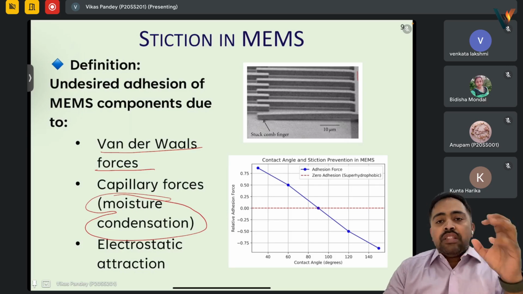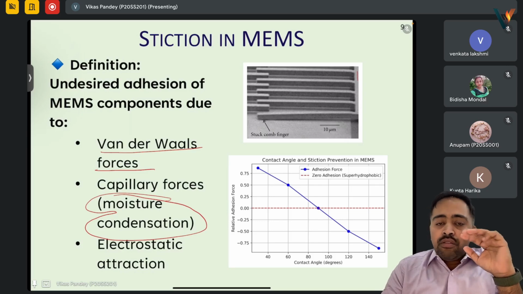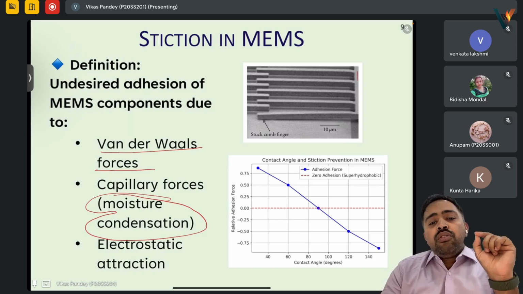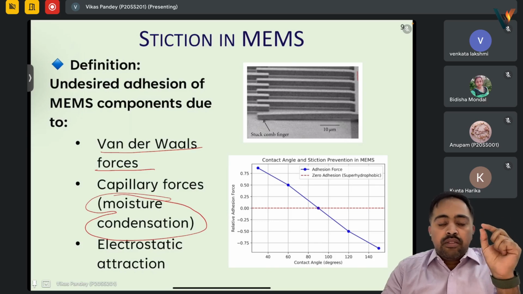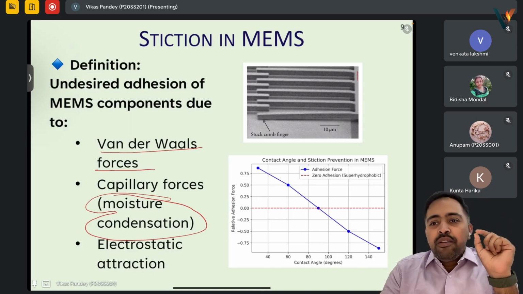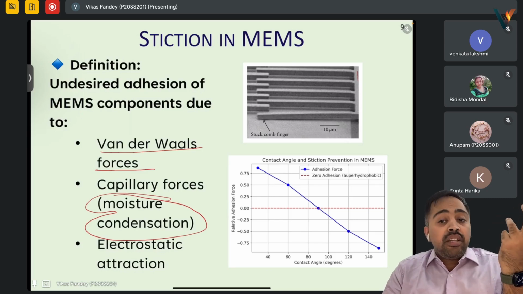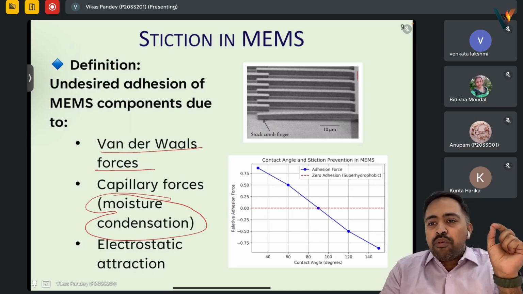Second is capillary forces, that is moisture condensation. That's why you see that these MEMS structures are generally very well sealed, very well packaged, because a small amount of moisture can lead to a lot of changes, since the whole structure can be smaller than one drop of water. So you can understand how much change in the property it can lead to if just a fraction of a drop of water or moisture gets in.